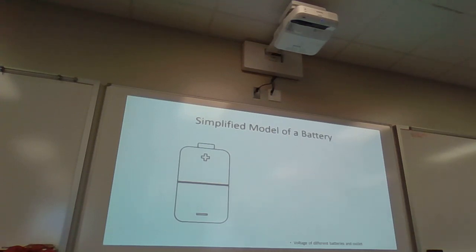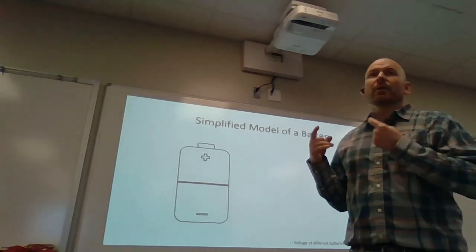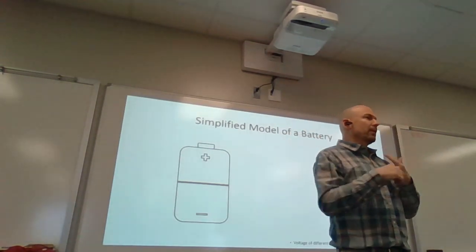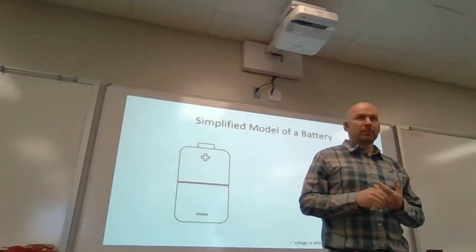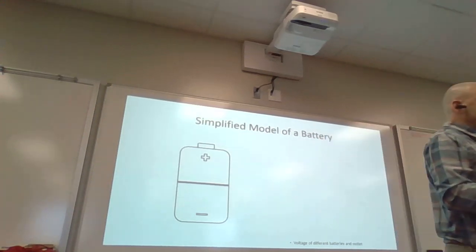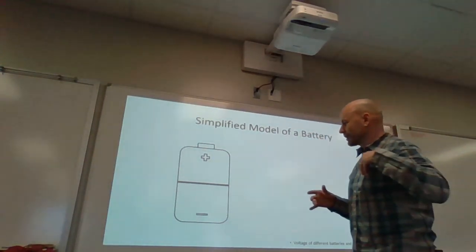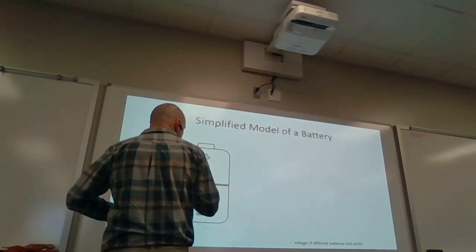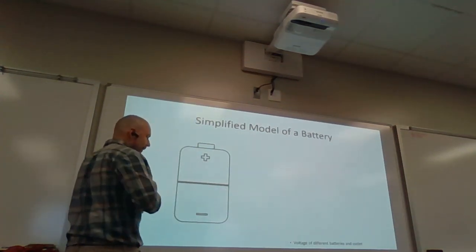It could be anywhere in this shape. It's going all over the place. What I'm going to teach you first is kind of like the moon going around the Earth model of how batteries work. This isn't actually how they work. It's a way to kind of get an idea.